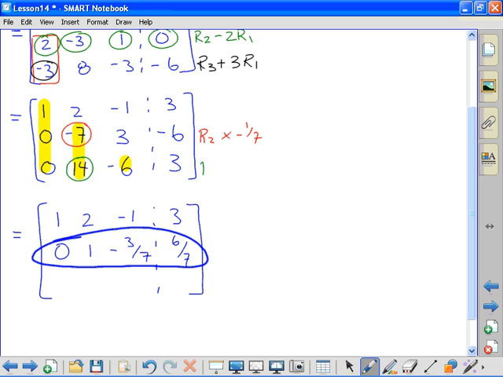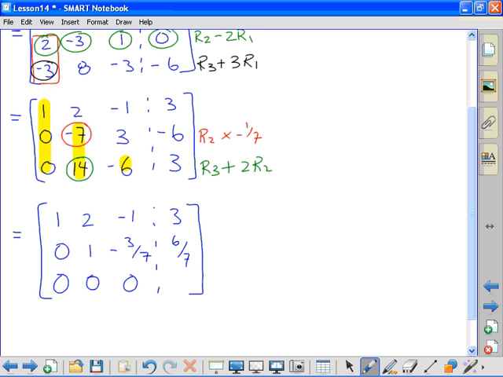So I'm just going to take row 3, and I'm going to add 2 times row 2, and when you do that, you get a 0. 14 plus negative 14 is a 0. Negative 6 plus 6 is 0, and 3 plus negative 6 is negative 12.